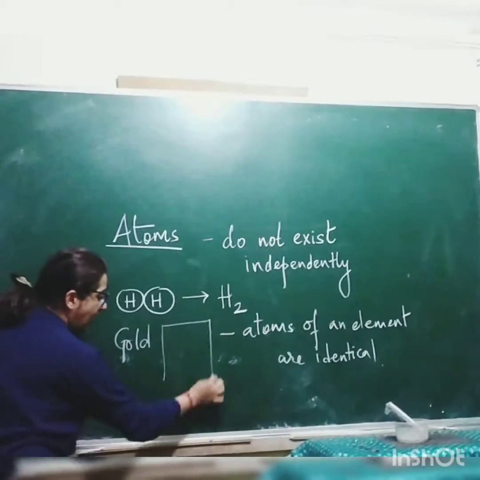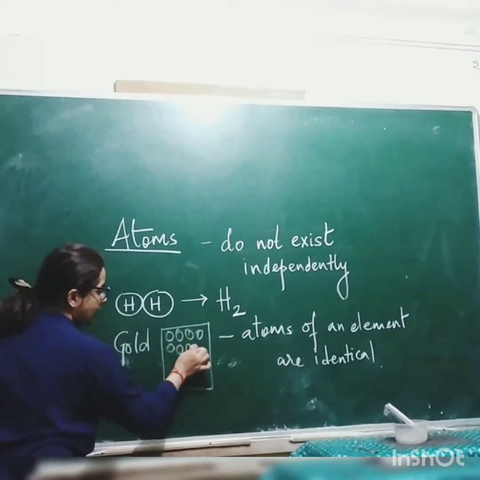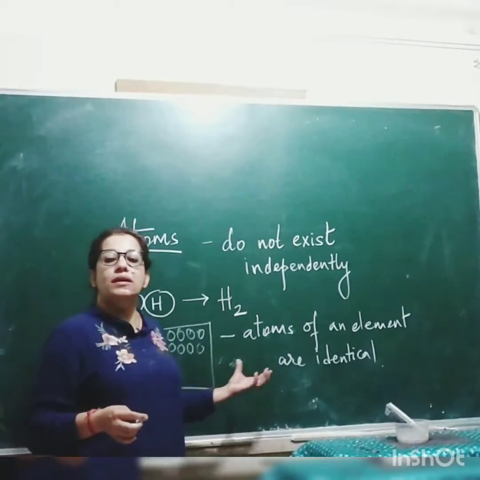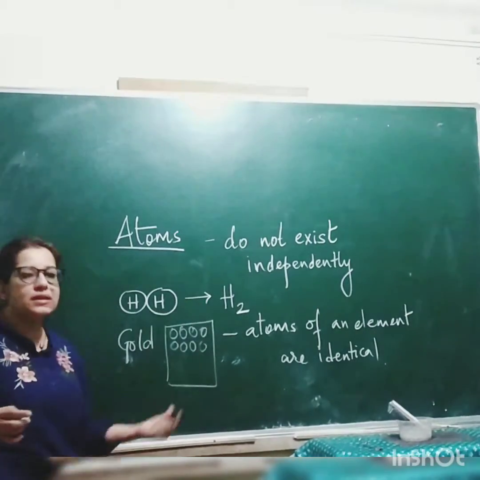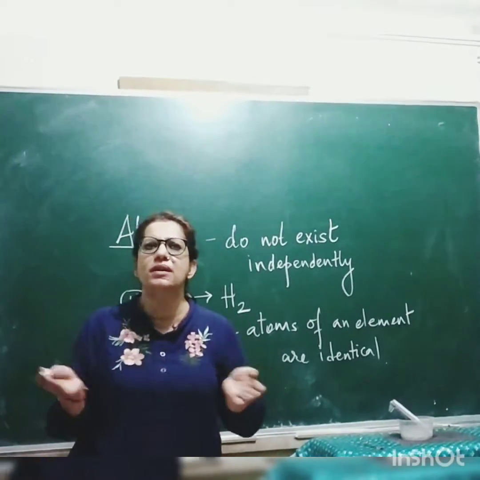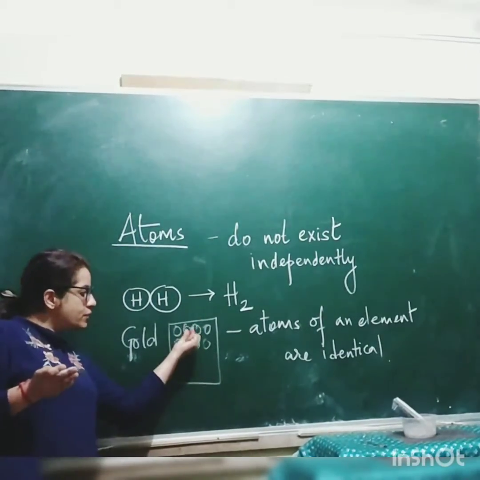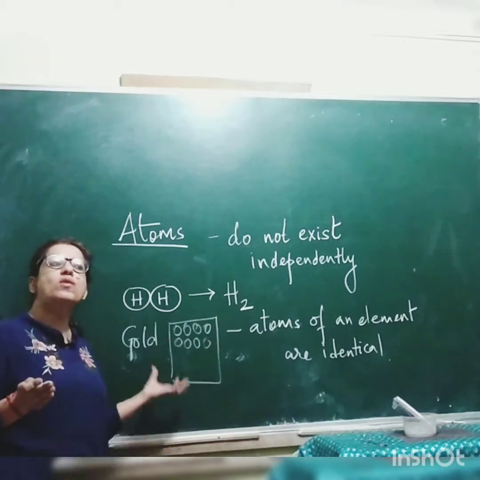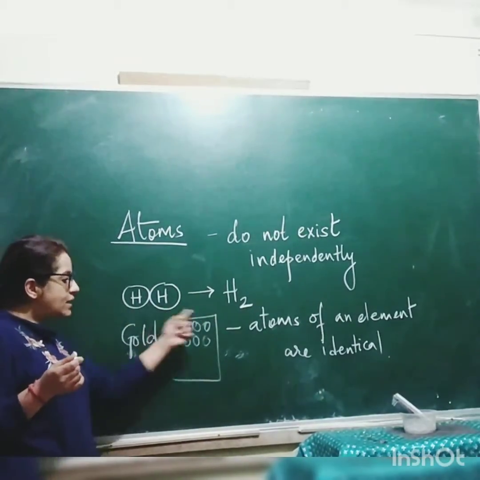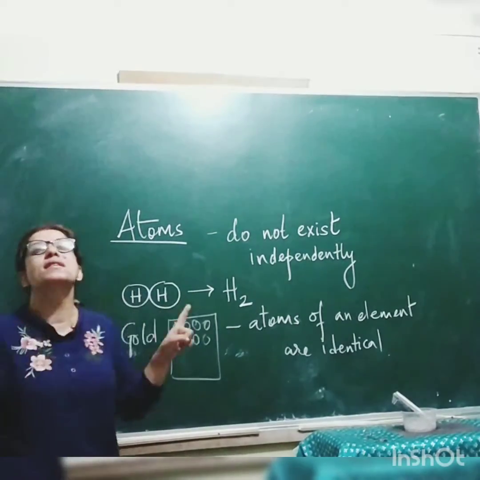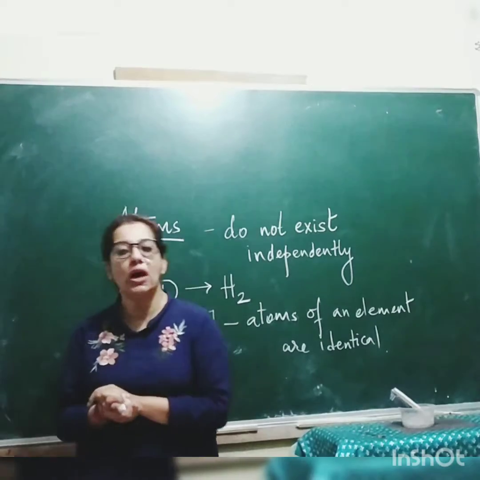So all the atoms that form the gold are similar. So the atoms of this element are identical or similar. That means this atom will be similar to the other atom. This atom will be similar to the other atom. So they are not different. So the atoms of an element are all similar. They are all identical to each other.